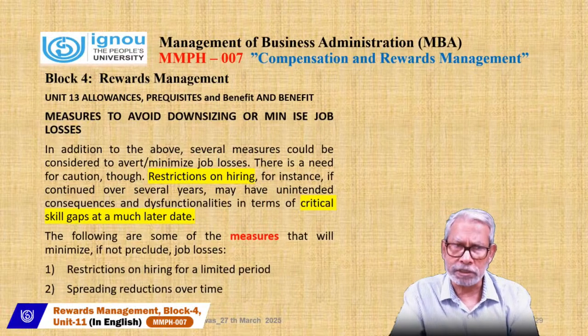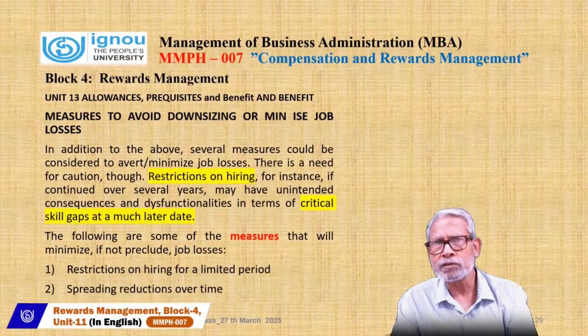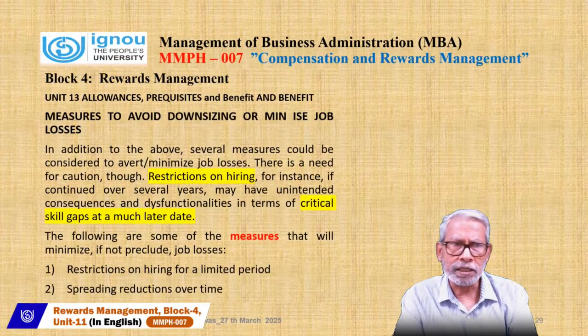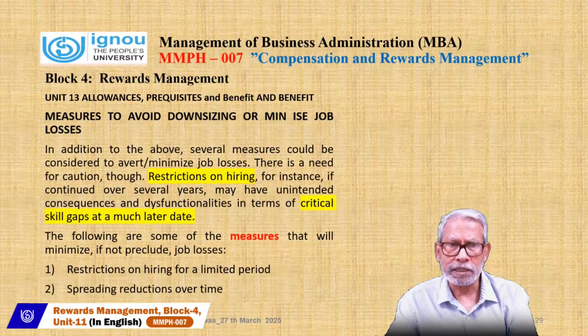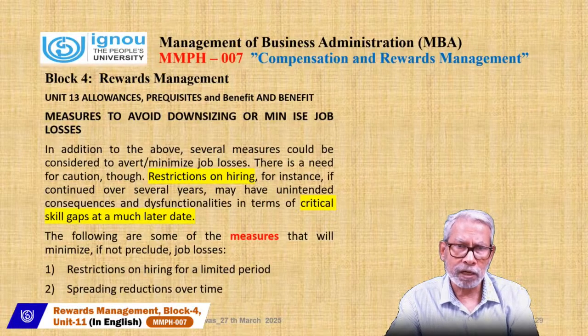Several measures could be considered to minimize job losses. There is a need for caution with restrictions on hiring, for instance, which, if continued over several years, may have unintended consequences in terms of crucial skill gaps at a much later date.